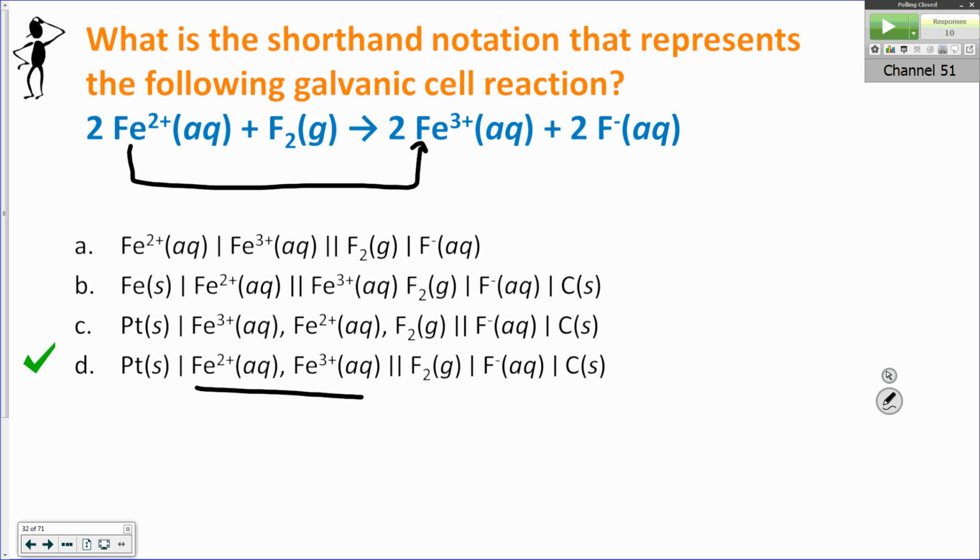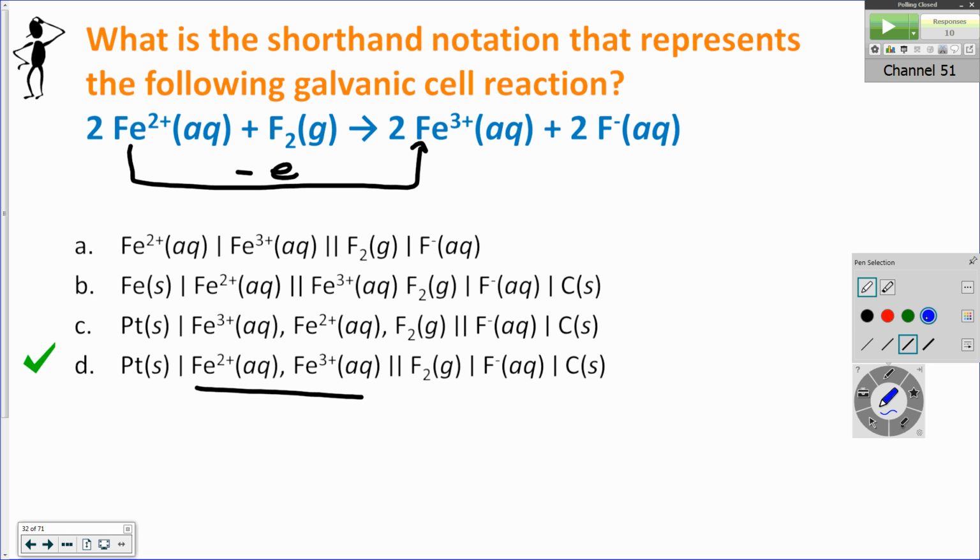Here you've got iron 2 plus going to iron 3 plus, so it's losing an electron. So it is oxidation. On the other side you have the fluorine gas going to the fluorine anion. But again, there's no solid here.